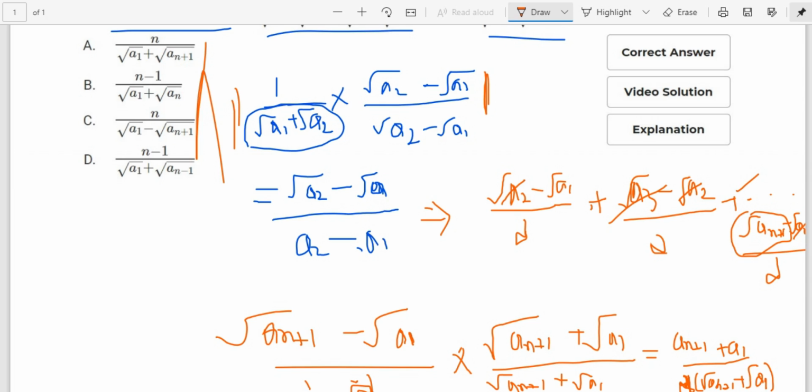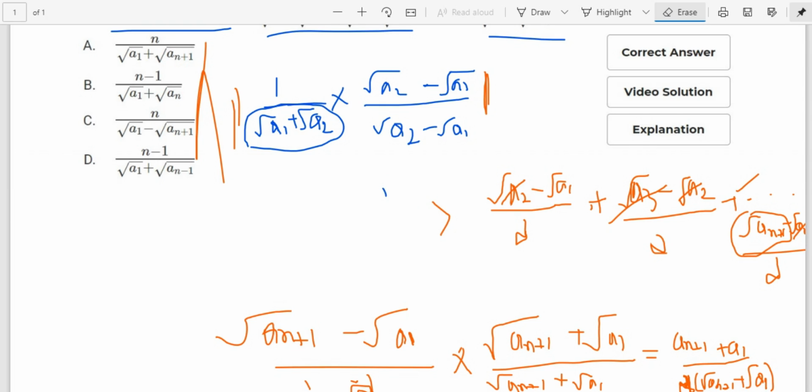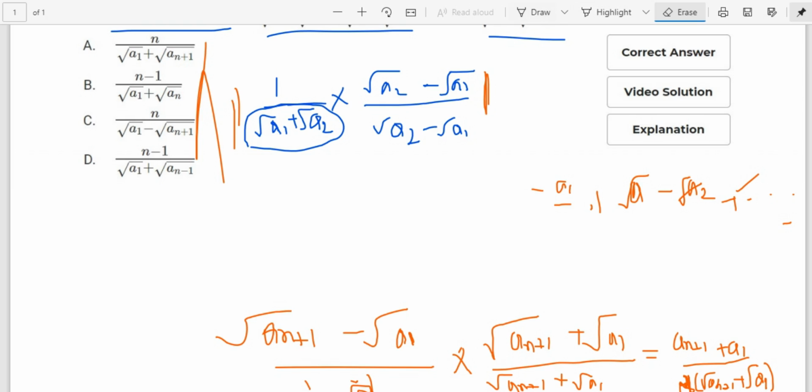So after that I'm removing this one, isn't it? Let's remove this, yeah.